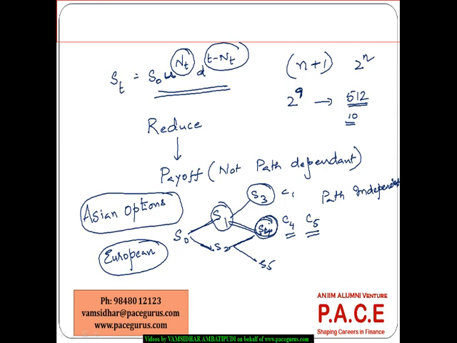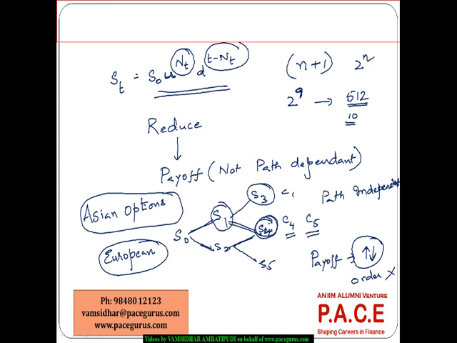So in a recombining scenario, the overall payoff is based on the number of up movements and number of down movements during that period. The order of the movements really does not matter.